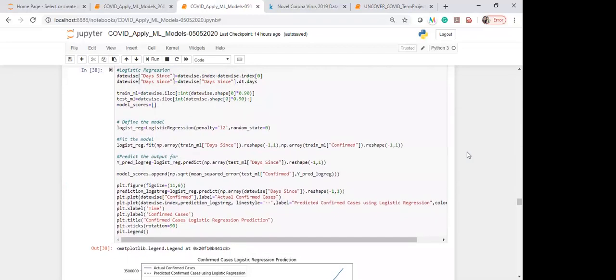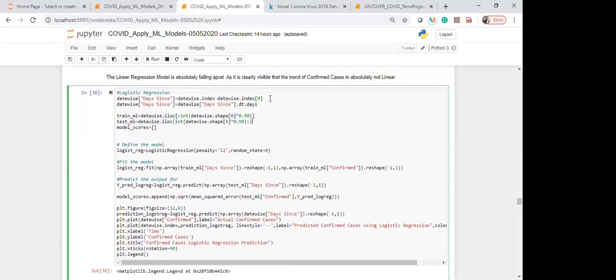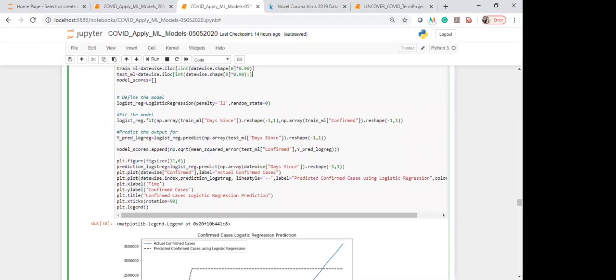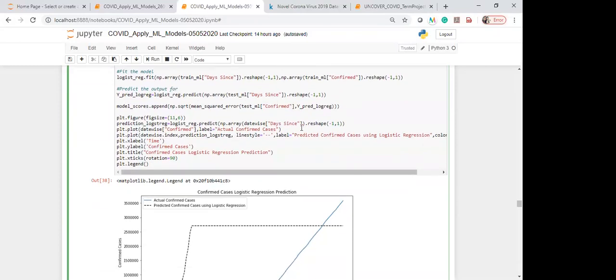It's the same data set that I've used, the number of confirmed cases and deaths, and in this case, number of confirmed cases. So it's going to be just a continuous number.